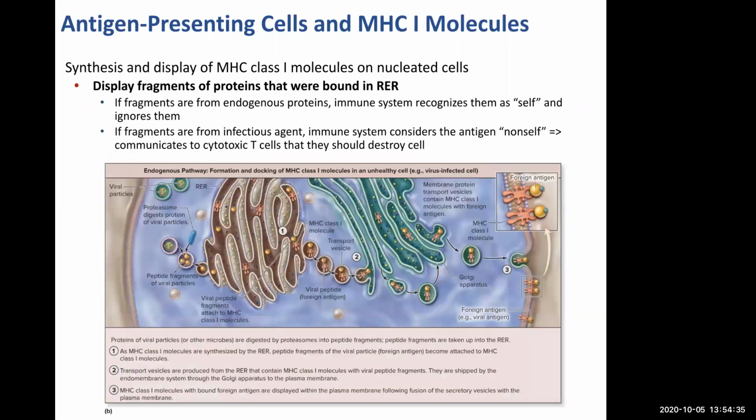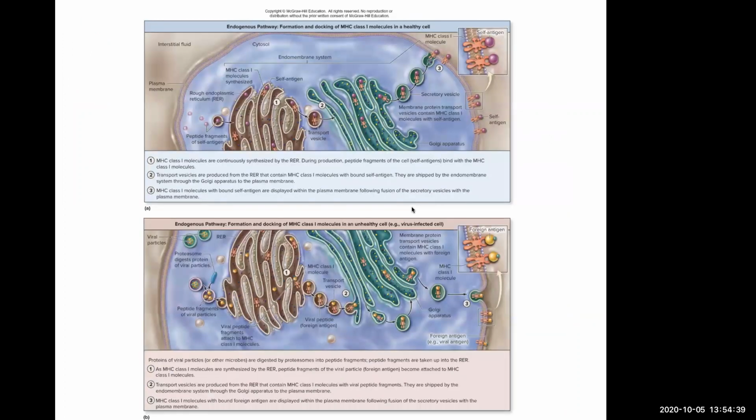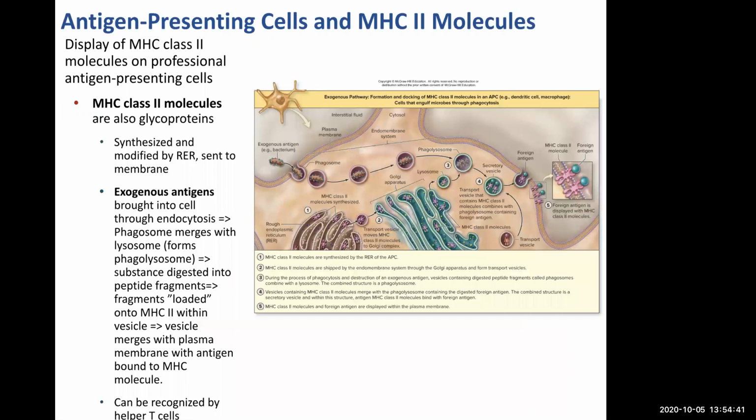And then MHC2, again, is only found on the surface of professional antigen presenting cells: B cells, dendritic cells, and macrophages and monocytes. Dendritic cells, macrophages, and monocytes are phagocytic cells that go around and gobble up debris, and then they process and present fragments of that debris in the context of MHC class 2.